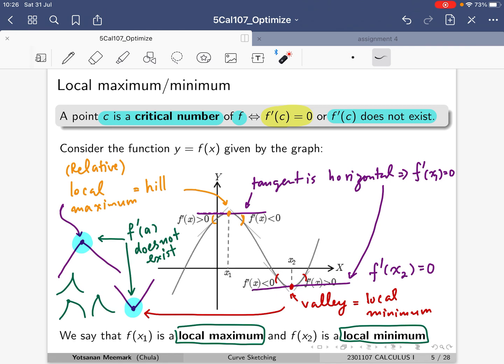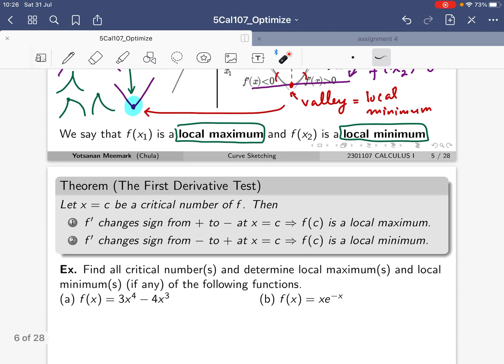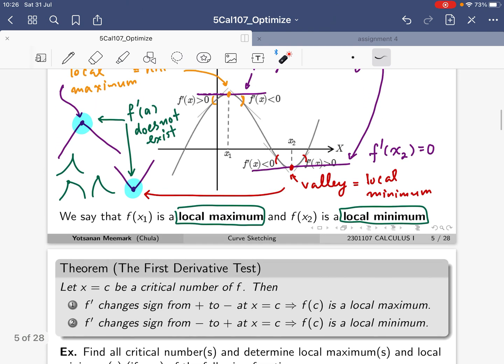But around the local min, the tangent changes from negative to a positive tangent. So it means that we have the so-called first derivative test.